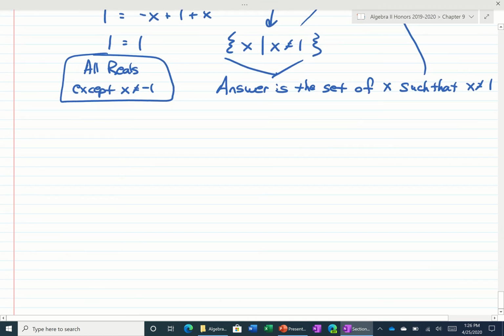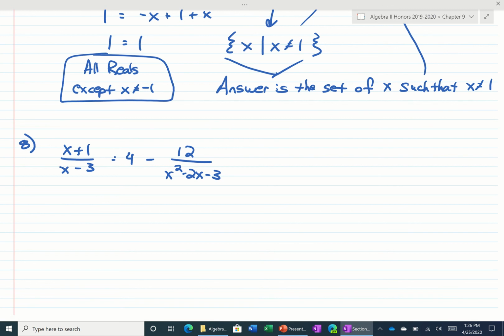Taking a look at number 8. On the worksheet it says x plus 1 over x minus 3 is equal to 4 minus 12 over x squared minus 2x minus 3. Alright, I'll put the book down here.